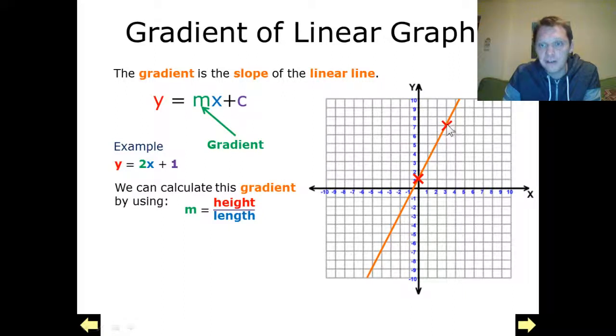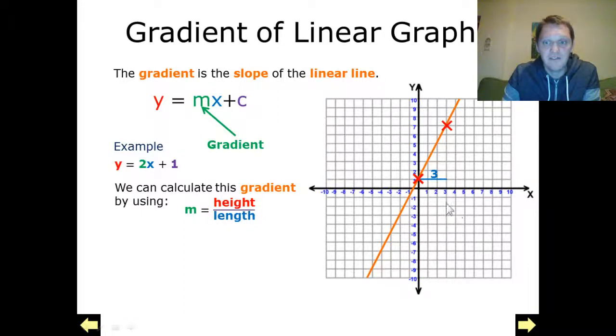So here I've picked this point up here and this point here. I've only picked these points because they are in the middle of the squares, in which case it will give me full numbers as part of my calculation.